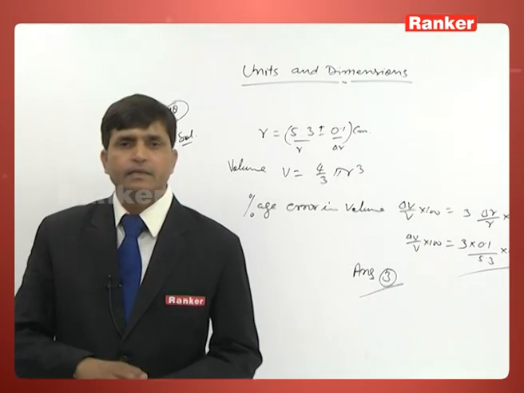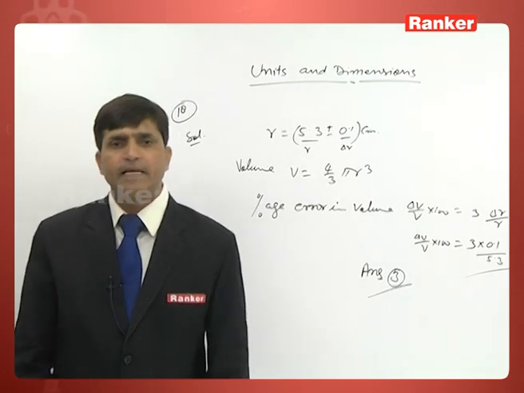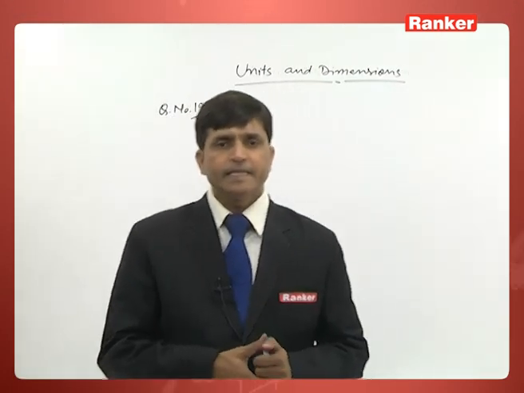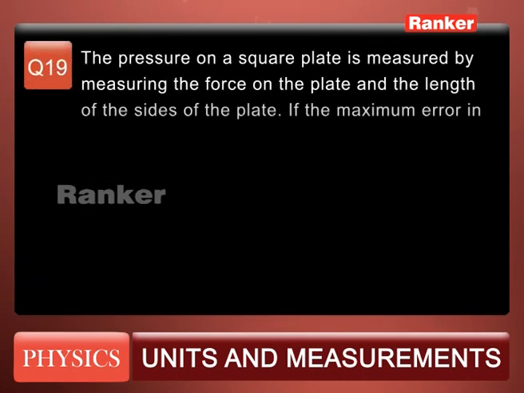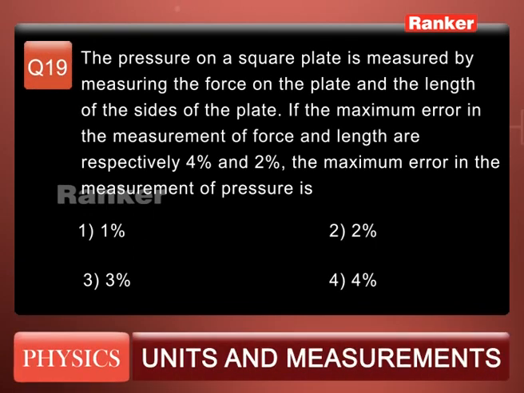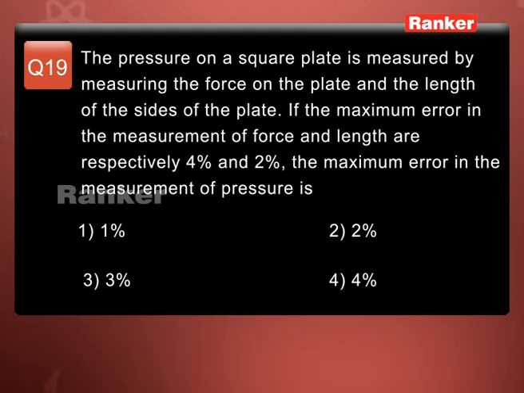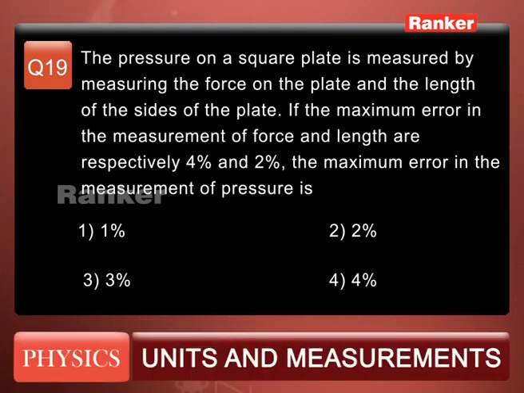Now come to the next question, question number 19. Question number 19: the pressure on a square plate is measured by measuring the force on the plate and the length of the sides of the plate.